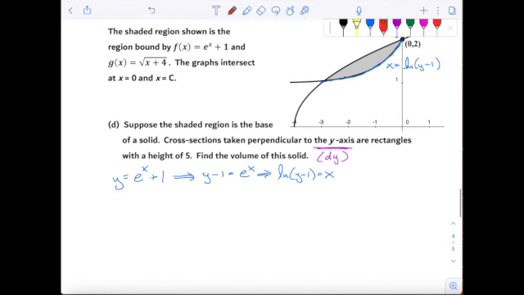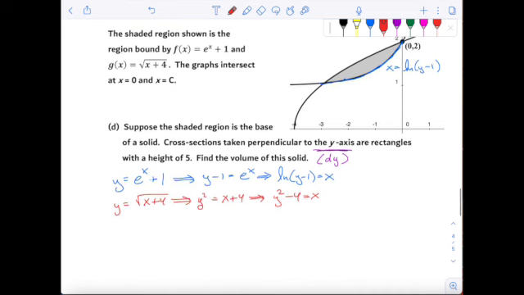The g of x, which is y equals root x plus 4. Let's solve that for x. Square both sides, so you have y squared equals x plus 4. That will get rid of the square root. And then subtract 4. So y squared minus 4 is equal to x.